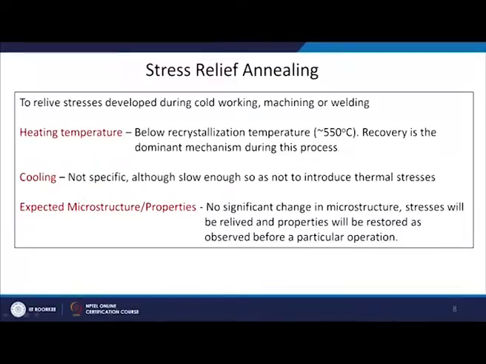As you can see, in welding also stresses develop because you go to very high temperature where the welding is taking place, so you develop thermal stresses in the material. When we are cooling it, we should not introduce the same thermal stresses again.